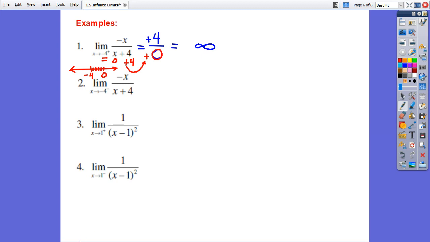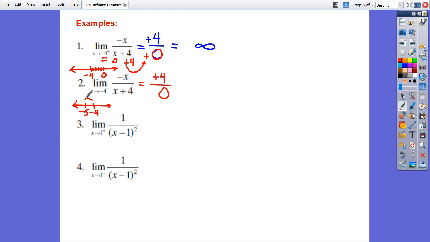Looking at the second example, exactly the same function, but now we're coming to negative 4 from the left-hand side. So once again, we get positive 4 on top. That doesn't change. And we get a 0 on the bottom. We just got to figure out what our 0 is. So on a number line, here's negative 4. We want to think of a number that's to the left of negative 4. Most students will pick like negative 5 or something like that, something that's smaller.